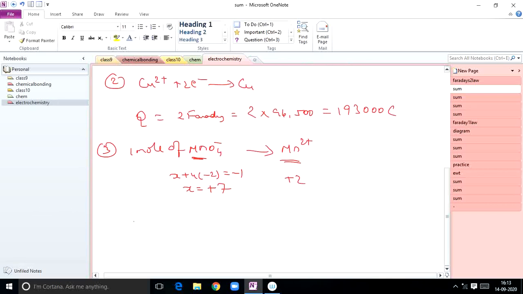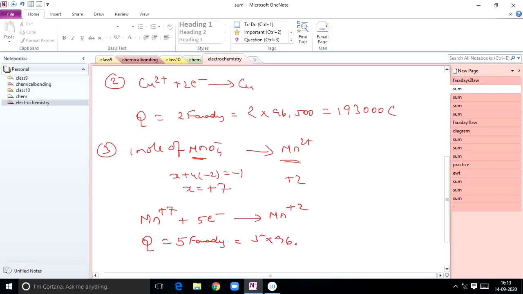The redox reaction: Mn7+ plus 5 electrons will give rise to Mn2+. Okay, you already know this one. So the quantity of charge Q is equal to 5 Faraday. So 5 into 96,500 coulombs means 482,500 coulombs. So that is the answer for this.